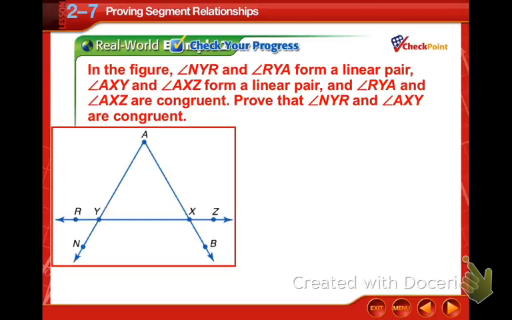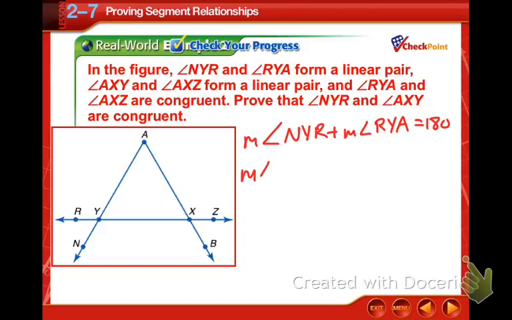Okay, so now same process kind of as we had before. We have two angles that form a linear pair, two other angles that form a linear pair, and two angles that are congruent. We need to prove these other two angles are congruent. So we know that the measure of angle NYR plus the measure of angle RYA is equal to 180, because it says they're a linear pair.